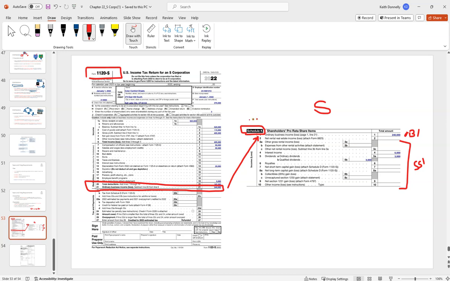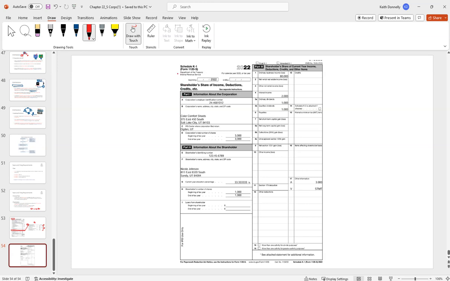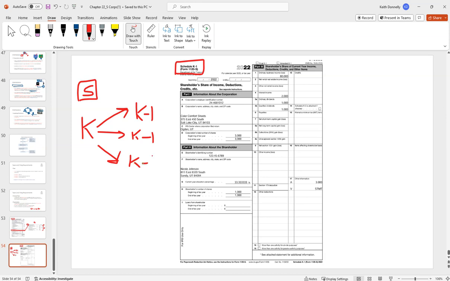Based on the Schedule K, they will fill out a Schedule K-1. So you've got the K at the S corp level, then you have the K-1 at the shareholder level.